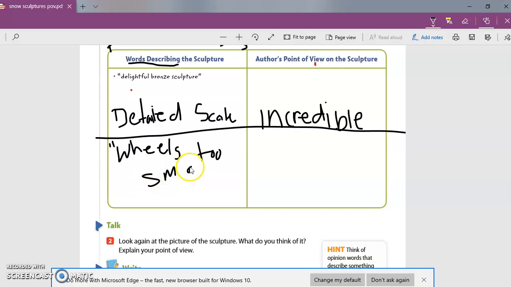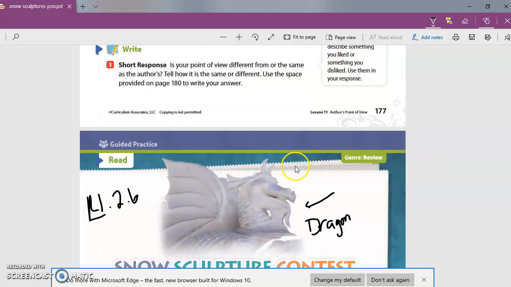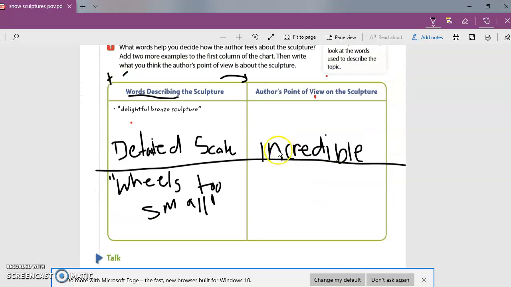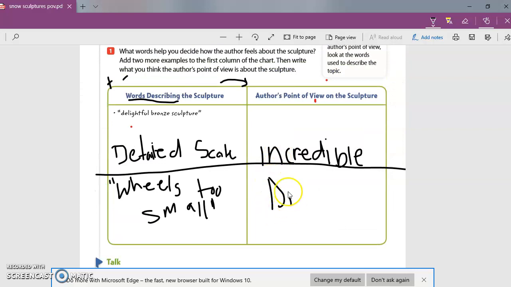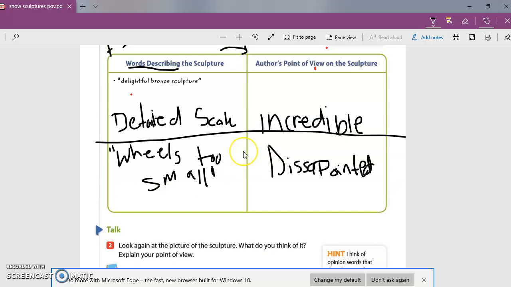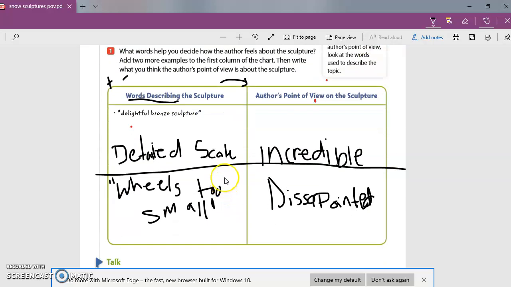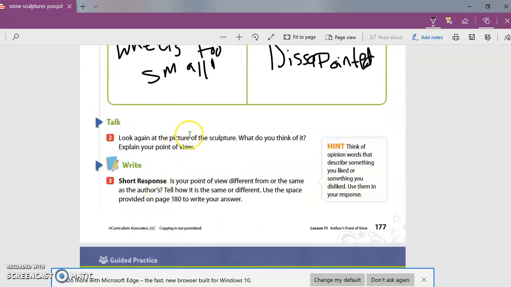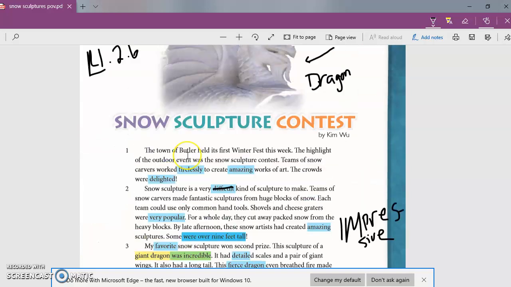And so the author's point of view on this sculpture, we can go back and check. It's disappointed. Okay. So the wagon was disappointing. The dragon was incredible, but overall, the author really liked the work.